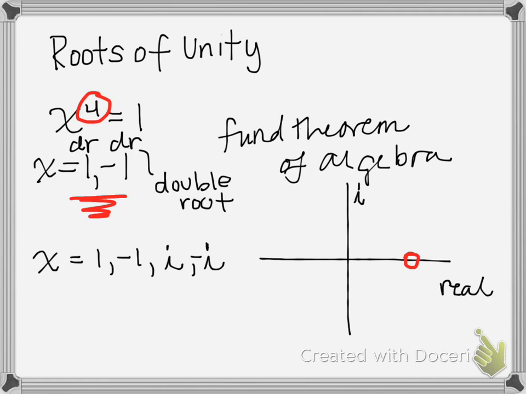So all I need to do is find 1 root, and then the other roots are evenly spaced. There's i, there's negative 1, and there's negative i. So once I find this one, I can think about the other 3 roots, for a total of 4 roots, evenly spaced about the real imaginary complex plane.